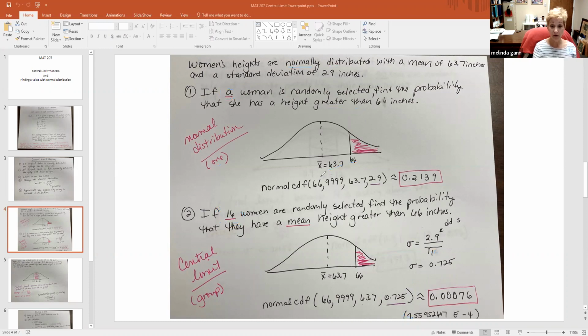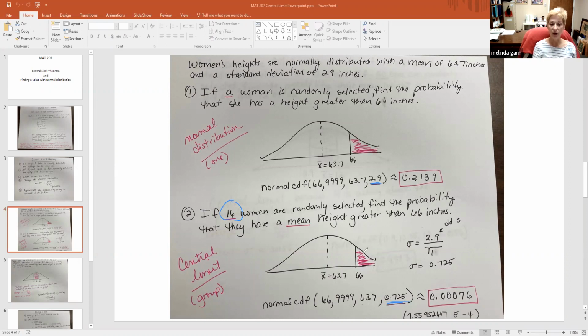Okay, so I want you to notice something. How am I going to know if it's central limit? It's central limit when I'm doing the probability of the average of a group. So more than 1. So notice the pictures look the same. The left endpoints are the same. The right endpoints are the same. The means are the same. The only difference is this standard deviation and this standard deviation.